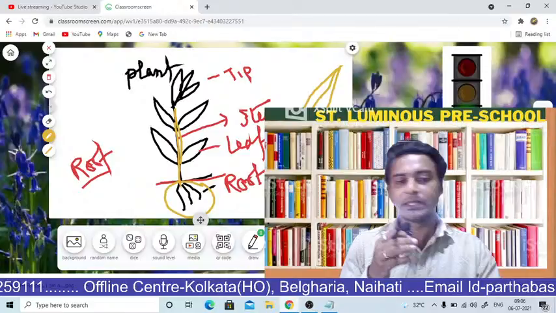This is the portion actually called the leaf base. All of you look, the leaf is generally green and photosynthetic.